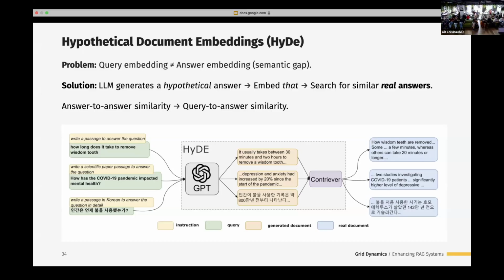Basically, the idea behind this is that answer-to-answer similarity is bigger than query-to-answer similarity. And you can see in this diagram, we have just some question. We go to ChatGPT, make some hypothetical response, and then use this response to find the real document from the vector database.